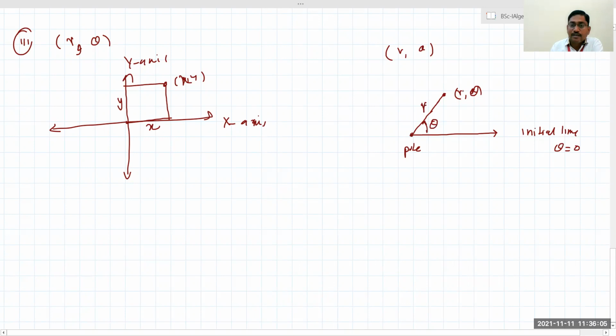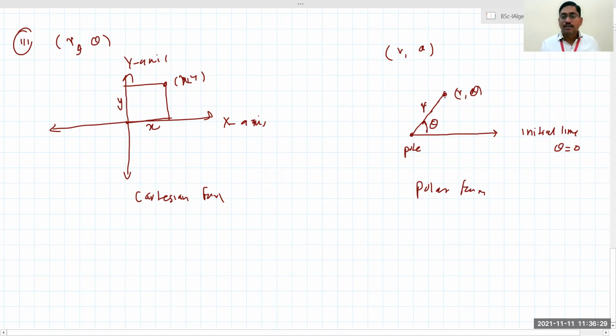But in fact, if you want the Cartesian coordinate format, it is r cos theta and r sin theta. This is the difference. This is the Cartesian form, and this is the polar form. If you want to write this number in Cartesian form, it should be r cos theta and r sin theta. Don't say here r plus i theta.